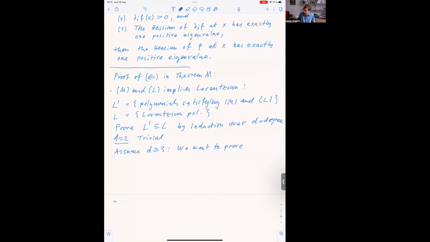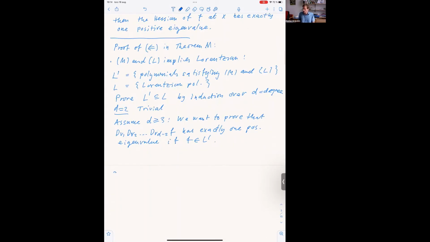So we want to prove that the Hessian has exactly one positive eigenvalue, if f is in this L prime. And we do this by induction.